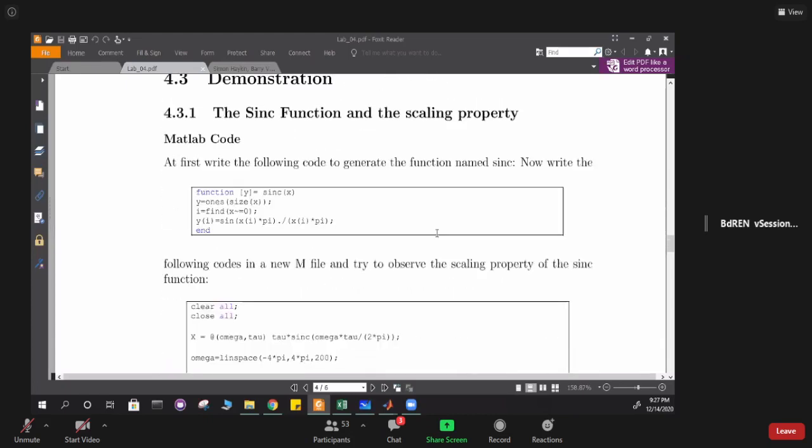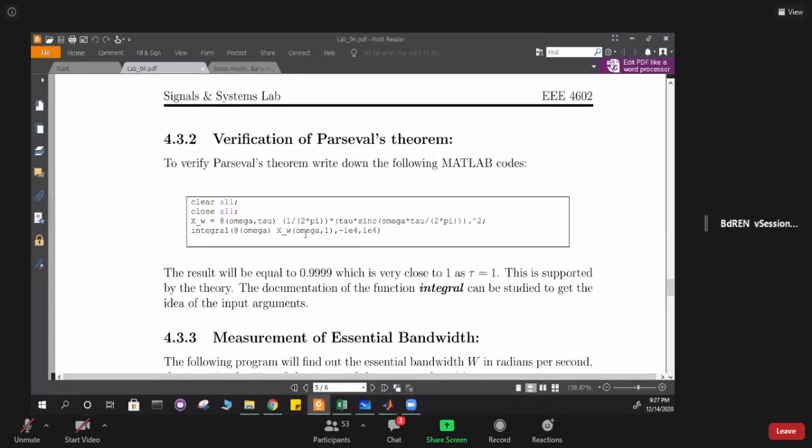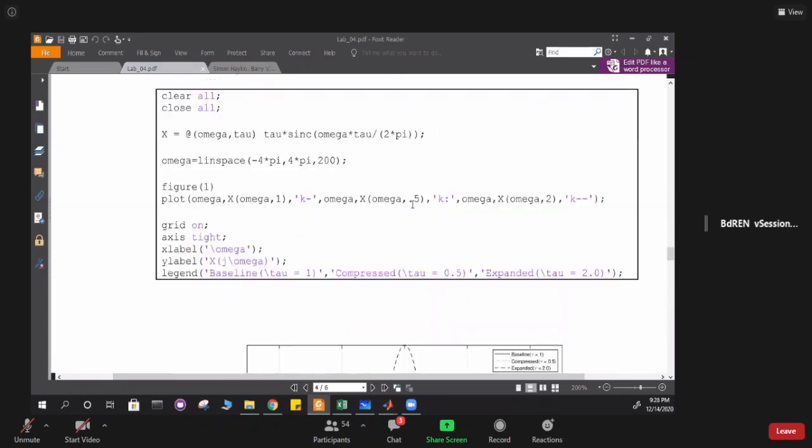If we go to the code, you can see this is the equation that we want to integrate: 1 by 2π, tau sinc(ω tau by 2π), that is, 1 by 2π, and this part is your X(jω), squared.